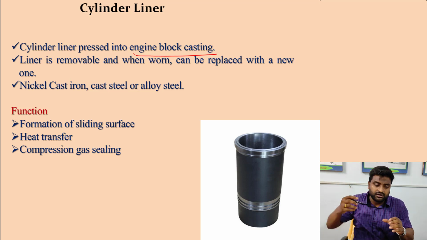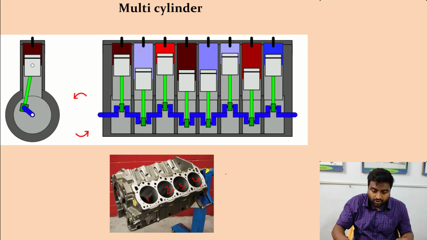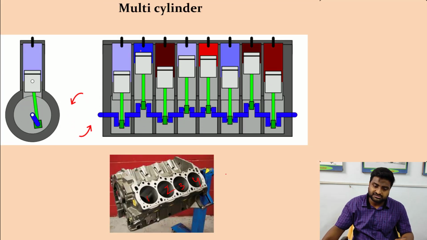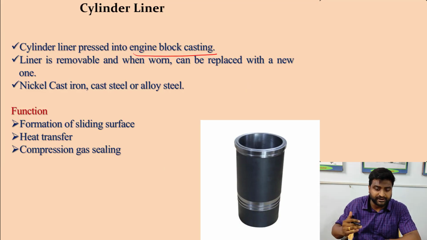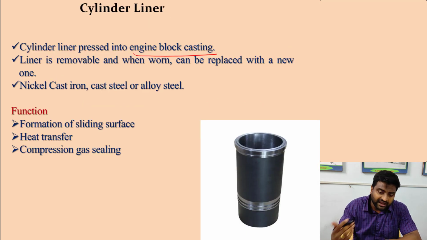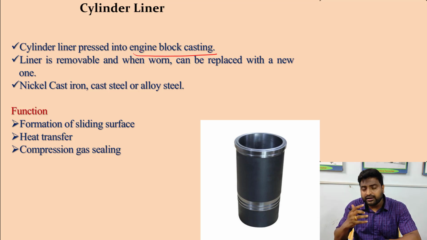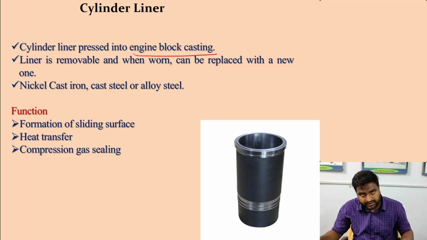Now obviously the piston reciprocates at a very high speed, not at a slow speed as you are seeing over here. So if it reciprocates at a very high speed, obviously friction will be there. So to reduce the friction and the heat that is generated, one lining is given. So these are known as the cylinder liner.